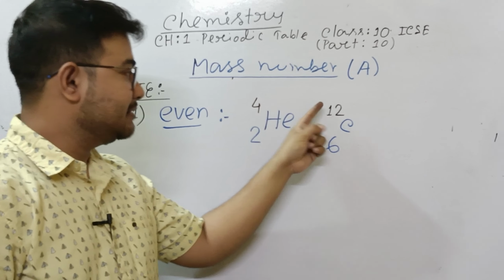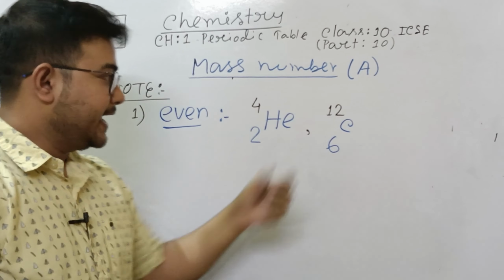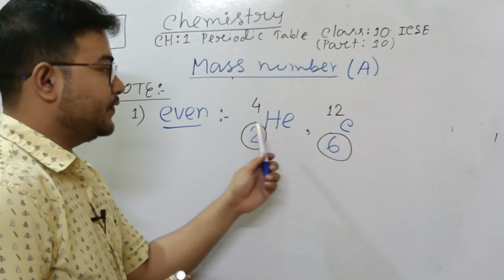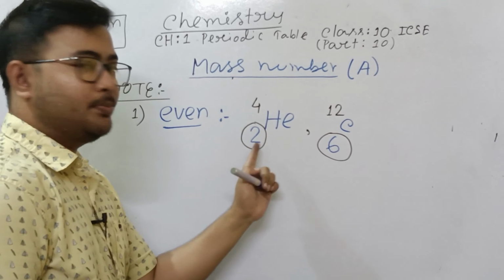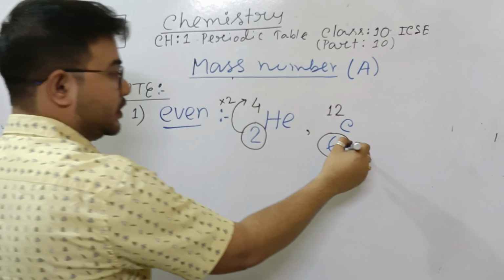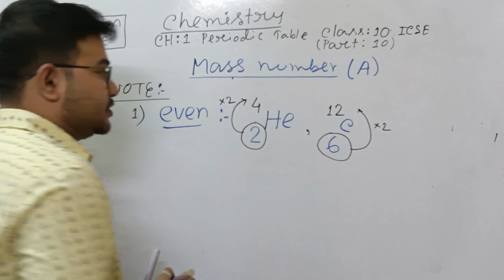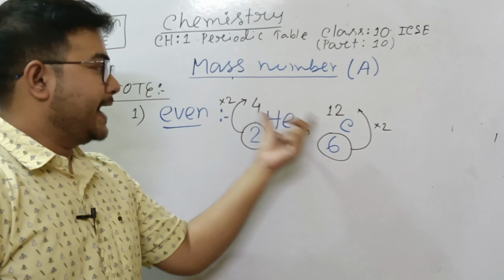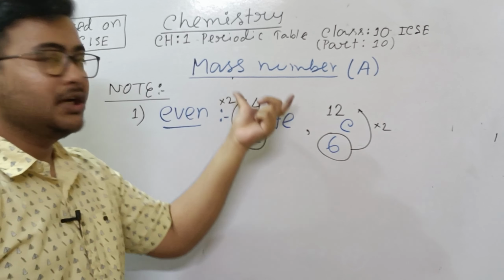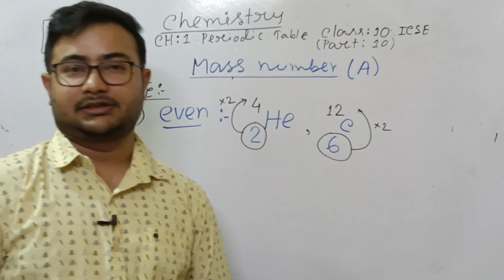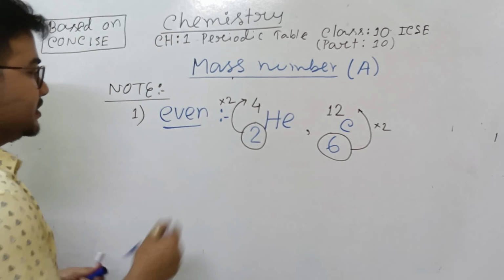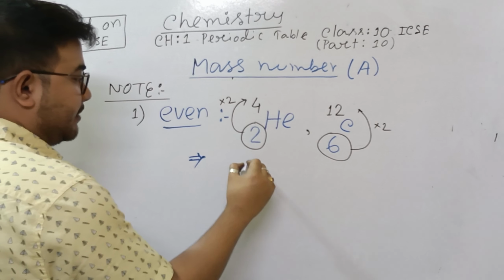Yes. In case of an atom having an even number of protons, that is, atomic number, its mass number is just double. See, 2 into 2 is 4, 6 into 2 is 12. So the formula: an atom having an even number of protons has a mass number just double. But there are some exceptions also. One important exception is beryllium.